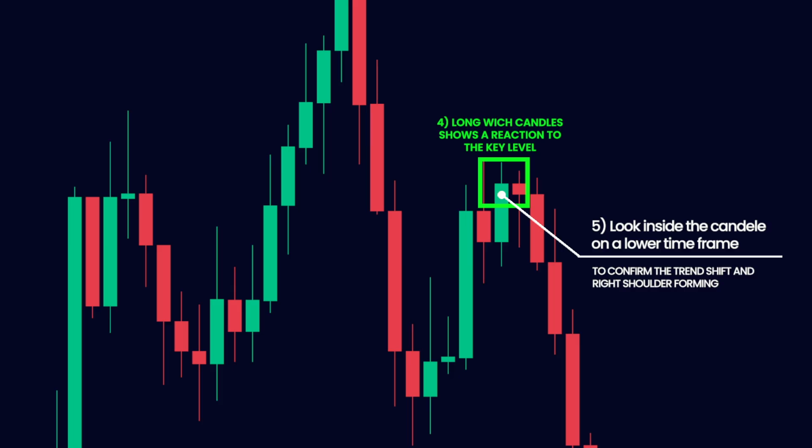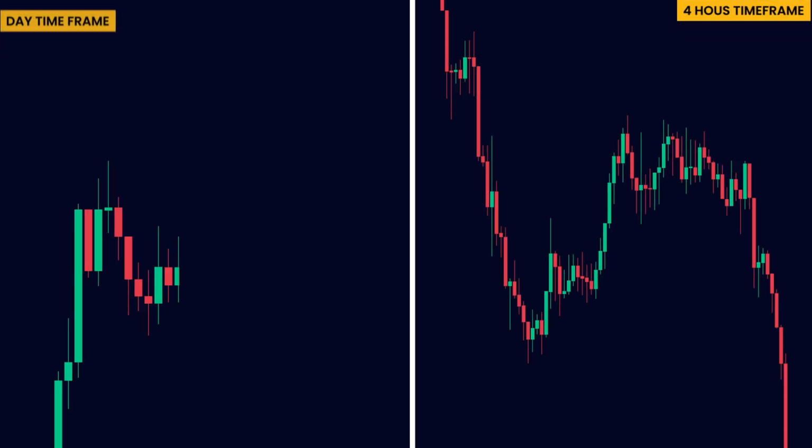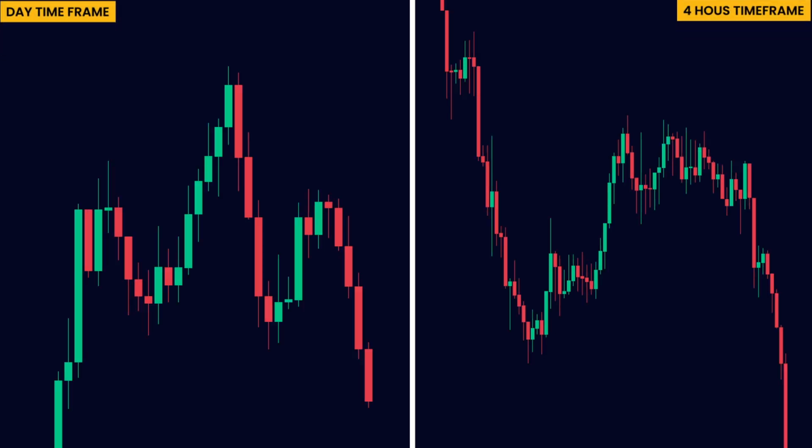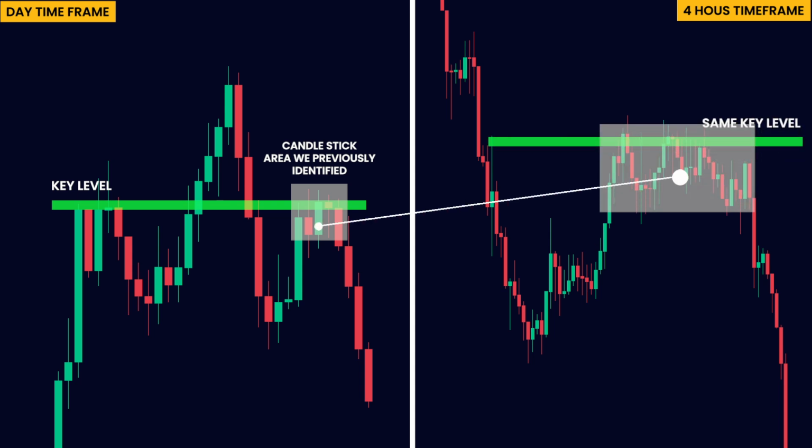This is your confirmation that the right shoulder might be forming. To refine this entry, you can switch to a lower time frame, like the 4-hour chart, while keeping the higher time frame, say the daily, as your reference. For example, the resistance zone identified on the daily chart would appear at the same level on the 4-hour chart.